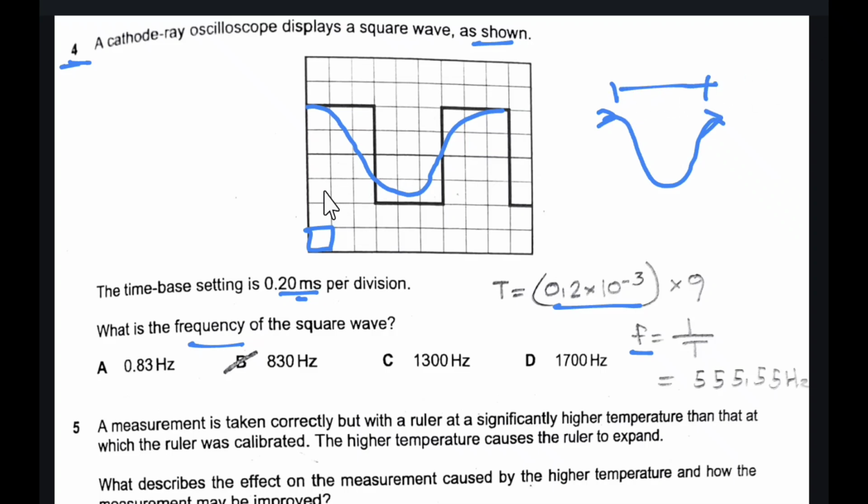So we need to find the time taken to complete this wavelength. This wavelength completes about 9 boxes. So the overall time period is time base times 9, and frequency is equal to 1 by time period, that is 555.55 Hz. This value is not equal to but closest to 830, so the answer would be B.